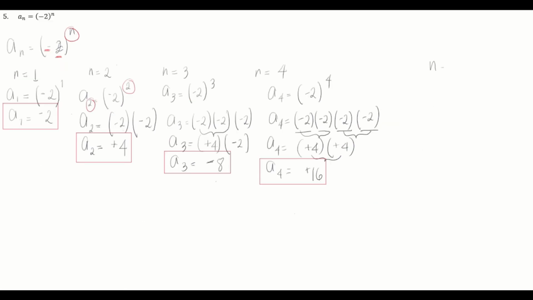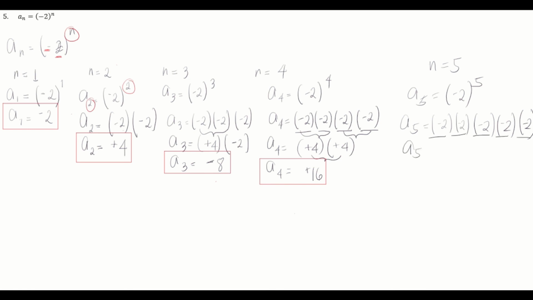To get our fifth term, we substitute 5 to variable n. We have a sub 5 equals (-2) to the power of 5. So this means a sub 5 is just -2 times -2 times -2 times -2 times -2. Multiplying -2 by itself 5 times.